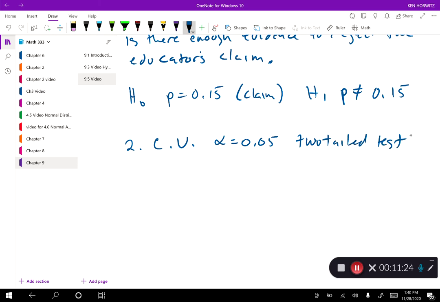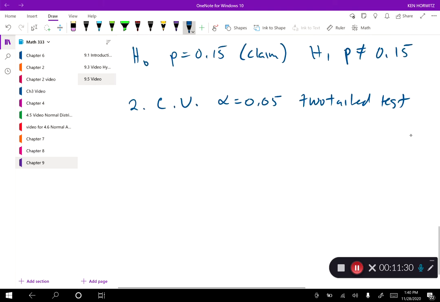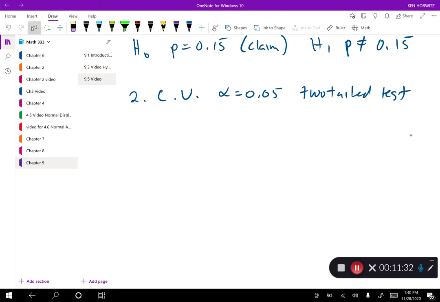All right, so at this point, pause the video and find your critical values, and we'll talk about the answer on the back end. All right, so hopefully you paused the video and got the same critical value I did. I got plus or minus 1.96. And now let's move on to the test value.